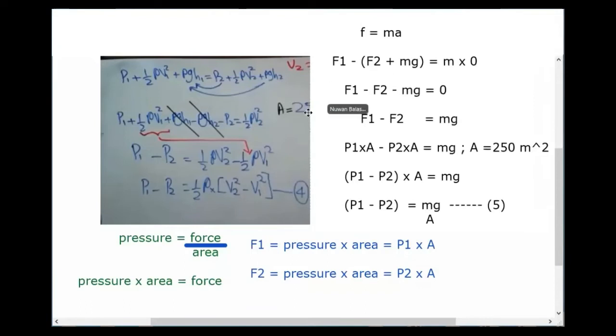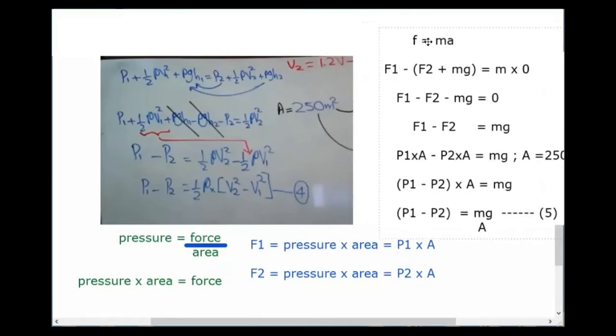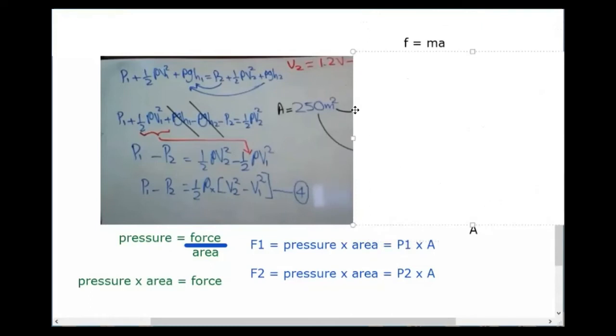Now I'm going to do something like this. I'm going to combine equation number 1, 4 and 5. What am I going to do? This is equation number 1.